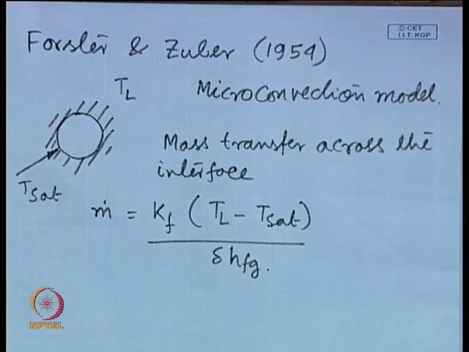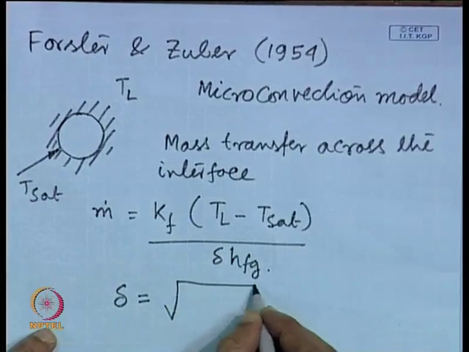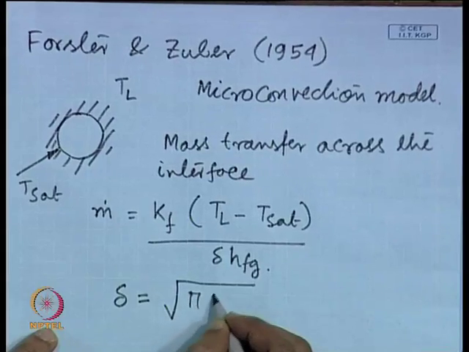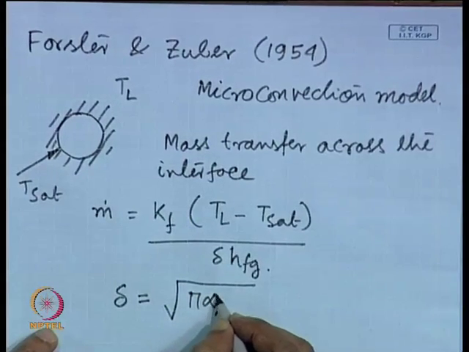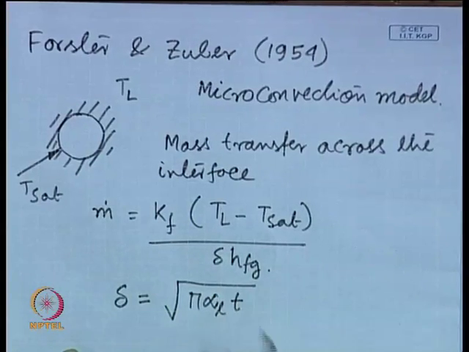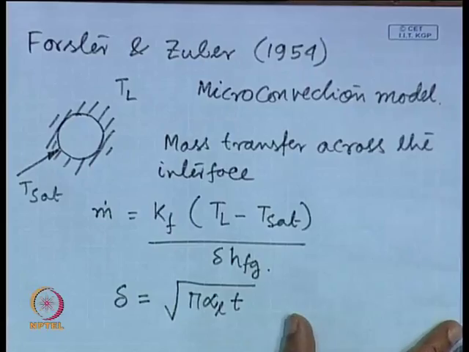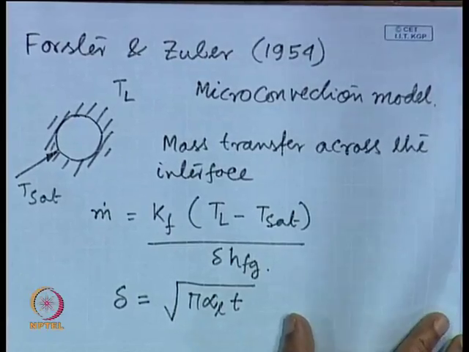Delta is some sort of a film thickness or boundary layer thickness, and we have already seen by the transient conduction analysis, delta can be scaled like this: root over pi alpha_L t, alpha is the thermal diffusivity of the liquid, and t is time. So, this is how the delta can be scaled from our transient conduction equation.